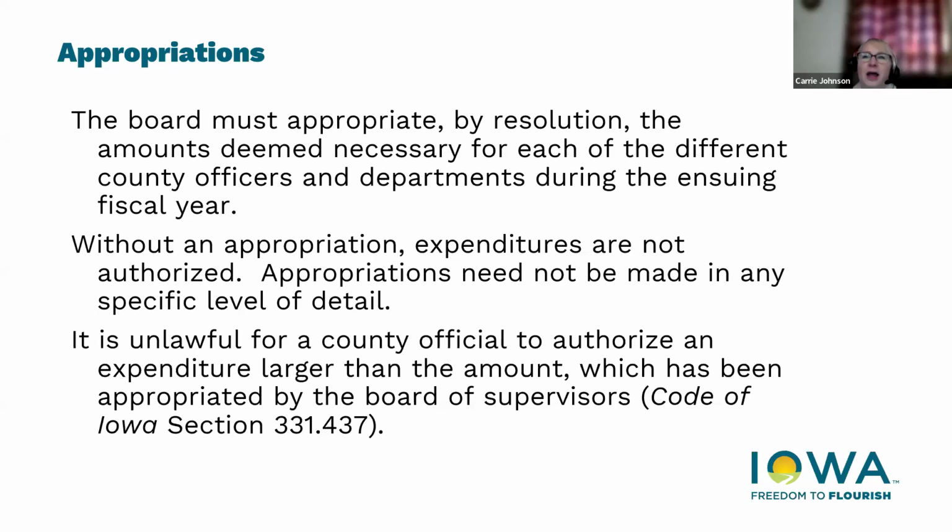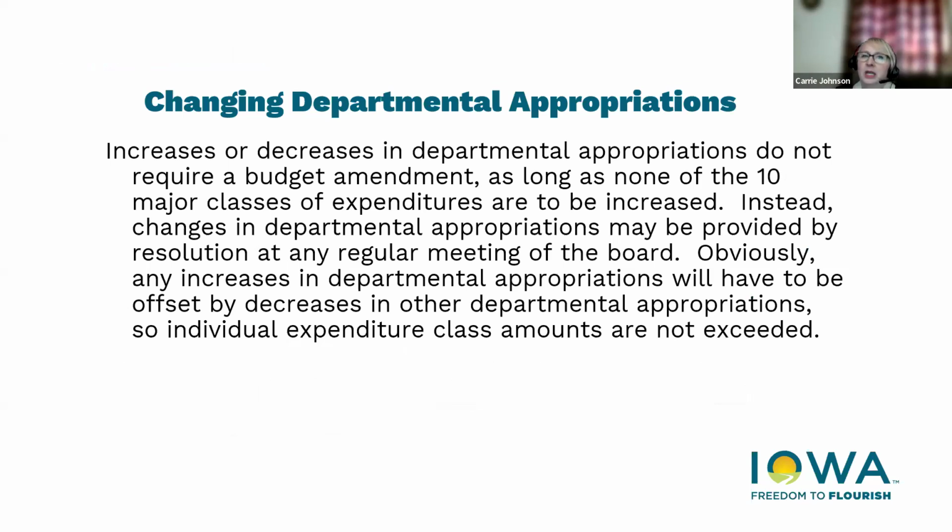Okay, so after the budget is adopted, the board appropriates by resolution, and I kind of talked about that earlier, just underscoring that without an appropriation, expenditures are not authorized, so it is required, and a county official can't expend more than they're authorized to via the appropriation.